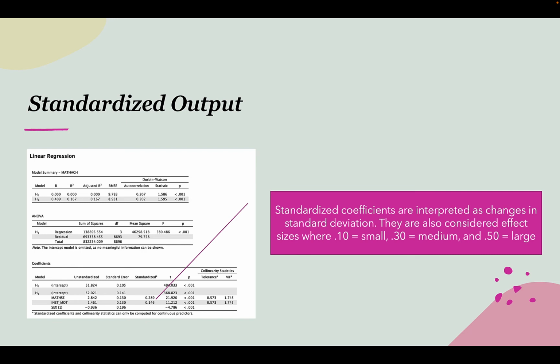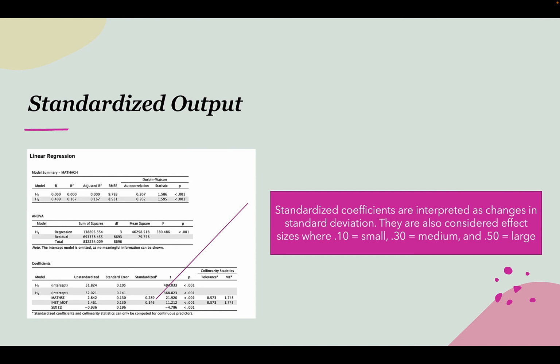The standardized coefficient is interpreted as a standard deviation. So what that's saying is that for a standard deviation increase in math self-efficacy, we get a 0.289 standard deviation increase in 10th grade math achievement. Again, this allows us to think about changes when variables are on different scales.